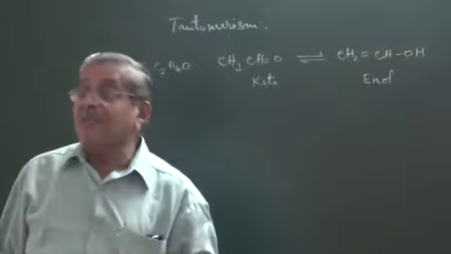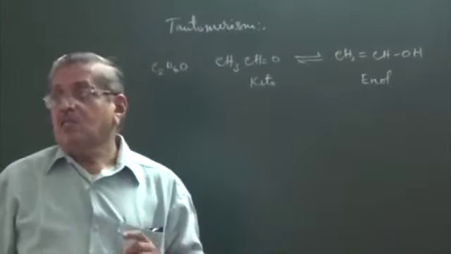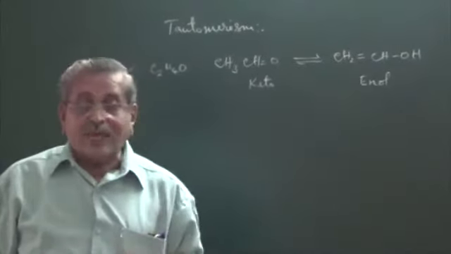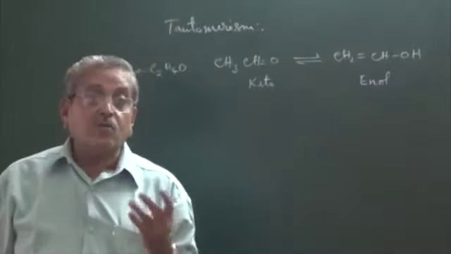So the spatial arrangement is different, that is all. So they are called stereoisomers. Now such stereoisomerism is of two types. One is geometrical isomerism, another is optical isomerism.